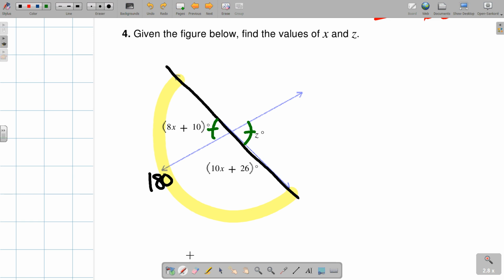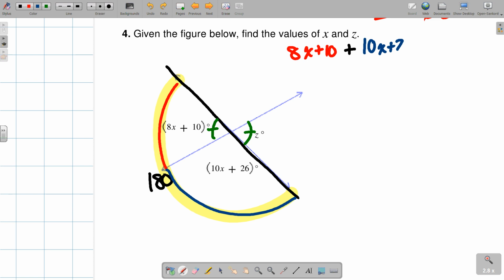So I'm going to start by doing this angle here, which is 8x plus 10, plus this angle here. Trace it with me. When I trace stuff, you physically trace stuff as well. That helps your brain register physically what's going on with the diagram. And then that's our 180. Let's solve for x. You do your own algebra.